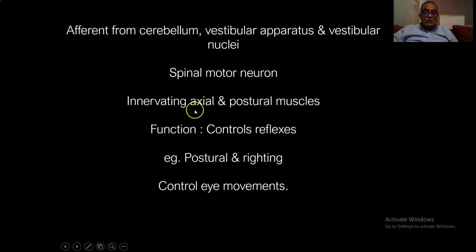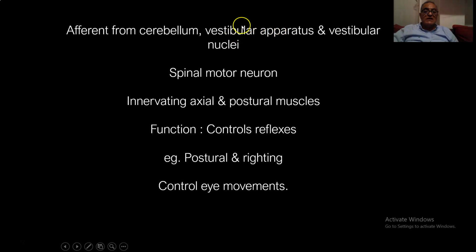vestibulospinal tracts to control the posture and to control the muscle, control the eye movements in relation to the semicircular canals and the utricle and the saccule, in relation to the vestibular receptors.